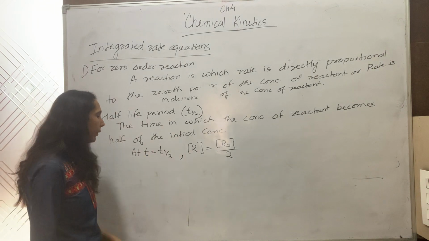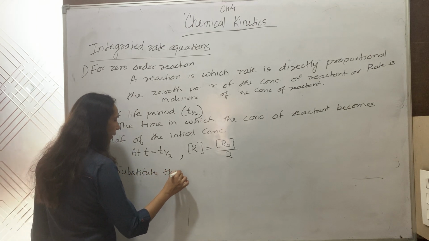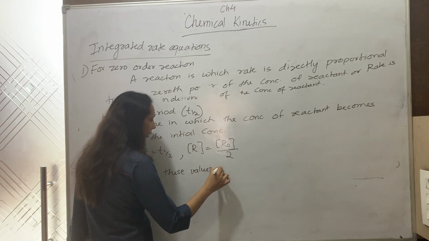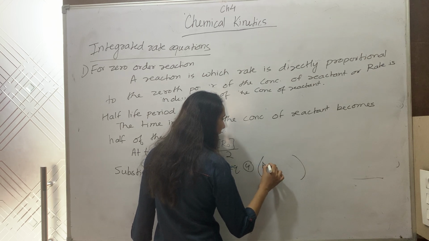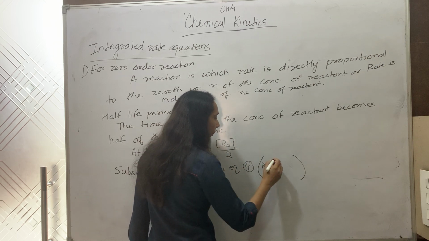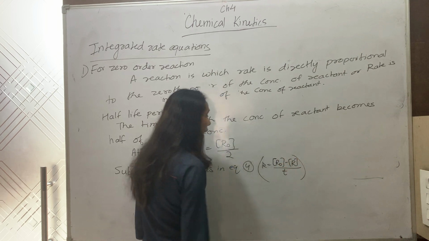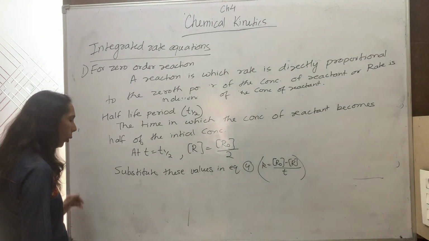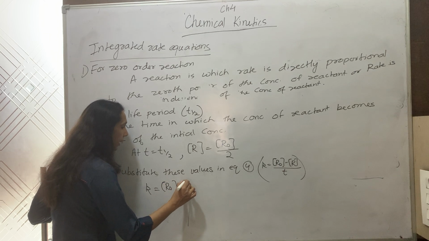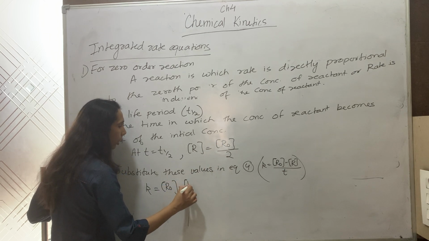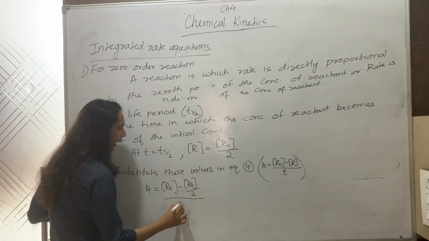I substitute these values in equation 4, that is the integrated rate law. What is equation 4? I am writing in brackets: k is equal to R naught minus R upon t. So I am substituting these values in equation 4. So k is equal to R naught minus, instead of R I will put R naught by 2, upon t half.